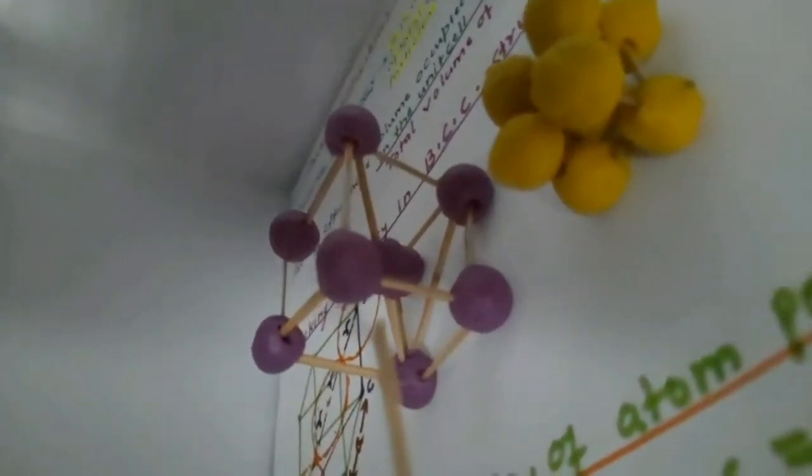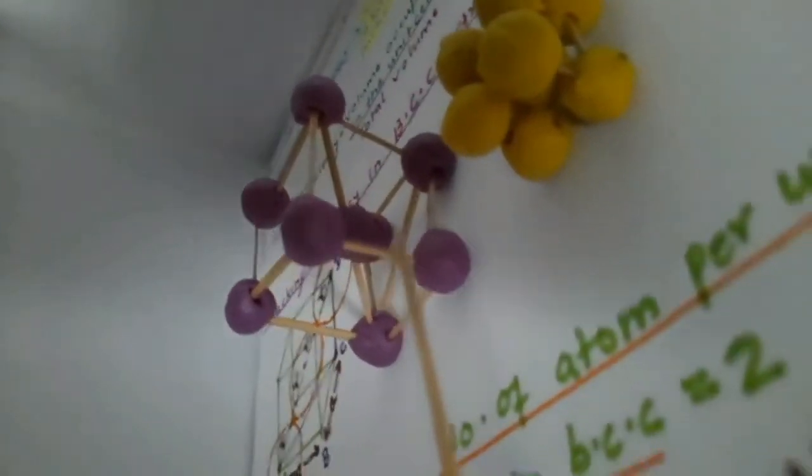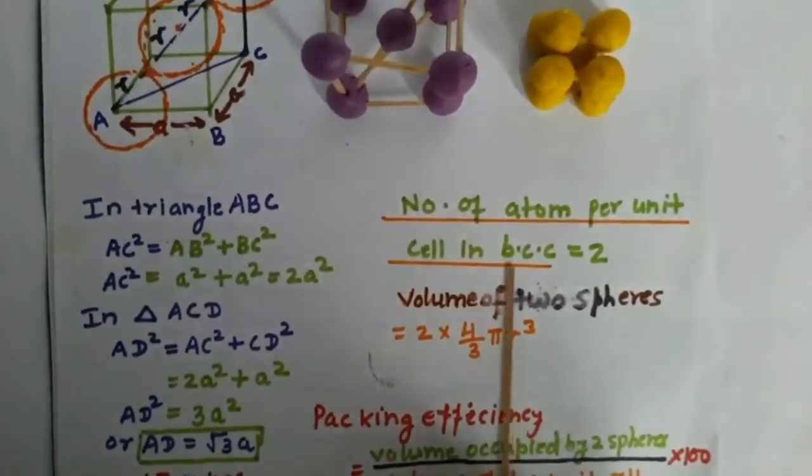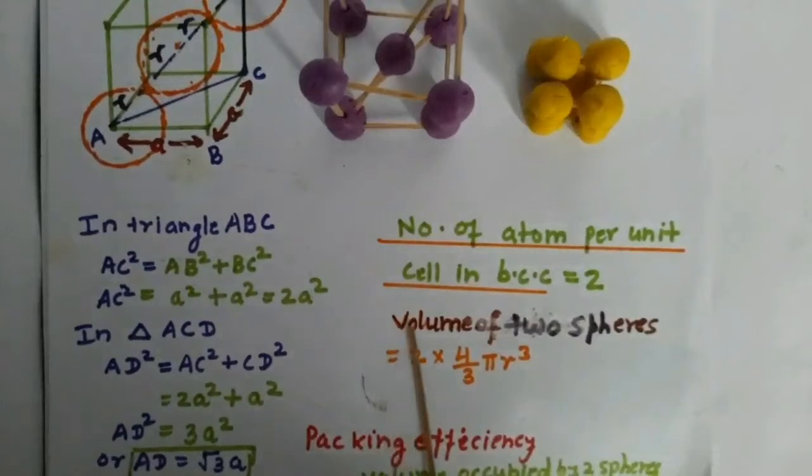So the contribution from the corners comes out to be 1, and one atom is isolated to this unit cell only because it is placed at the body center position. So 1 plus 1, 1 contributed from the corners and 1 from the body center position. The total number of atoms per unit cell in BCC comes out to be 2.